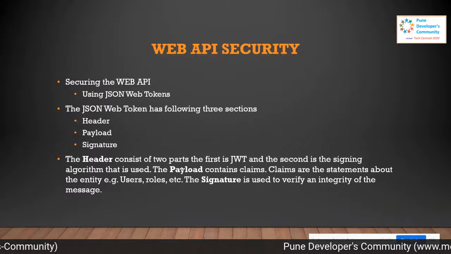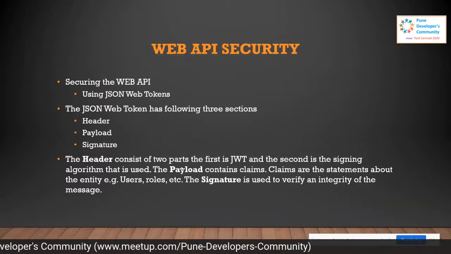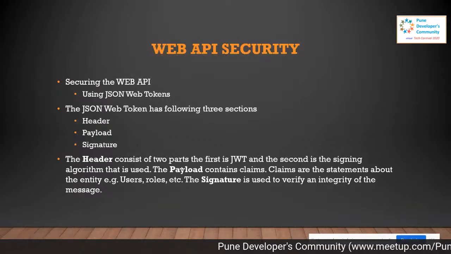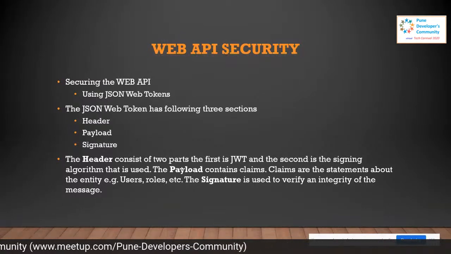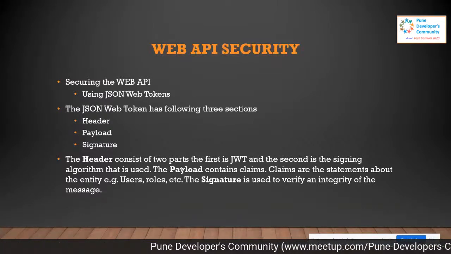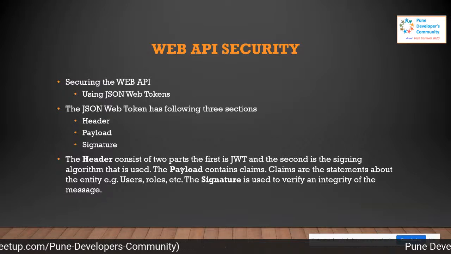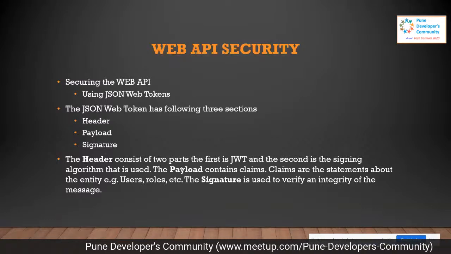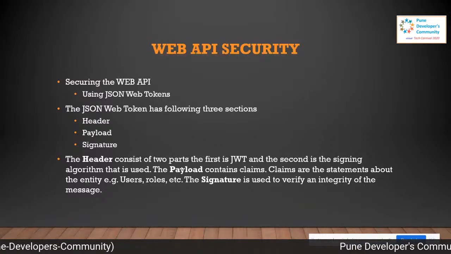The second section of the JWT is the payload, and this payload contains claims. This is the most important part of security management. Why is it like that? The payload that contains claims is responsible for authorization. Not only that, claims are also used when the token has expired because of the expiry time.